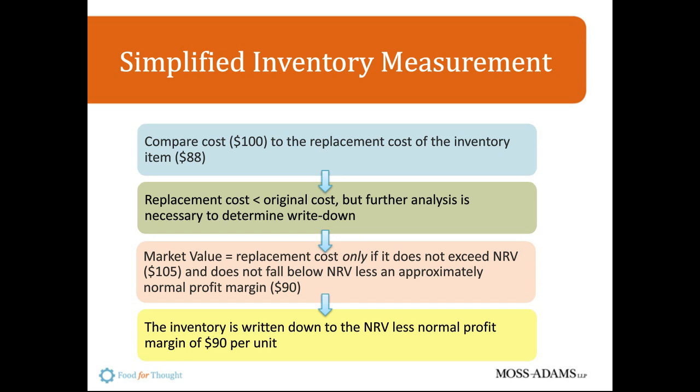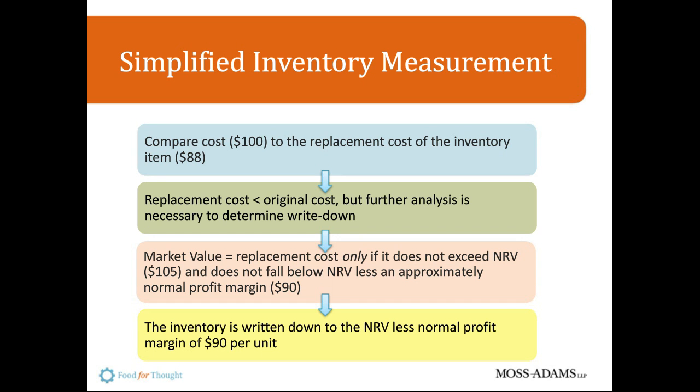And that's your notion of floor versus ceiling, if you remember that from your accounting classes. So you compare your market value to this floor and ceiling. And in this example, you've got to write down your inventory to NRV. So the inventory is written down to $90 basically. So that's a pretty complicated exercise.